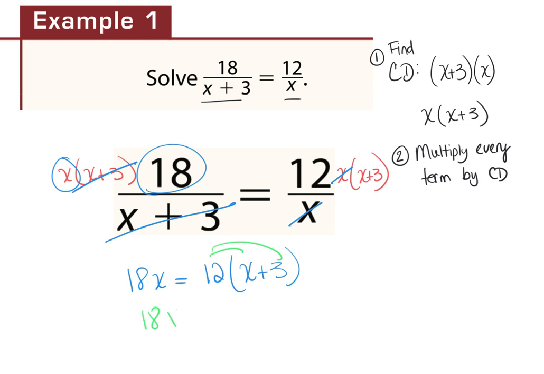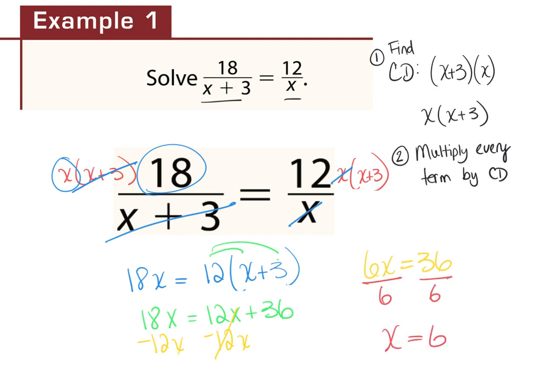I have 18x equals 12x plus 36. I'm going to subtract my 12x. This should be second nature here. So 18x minus 12x gives us 6x equals 36. And then I am going to divide both sides by 6. X equals 6.